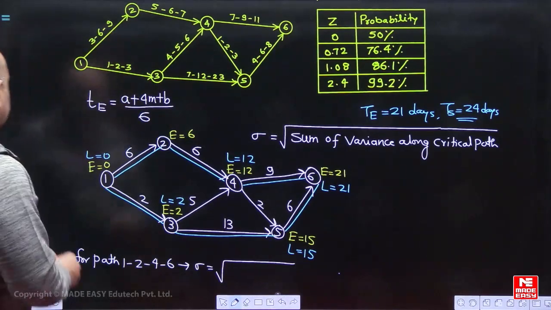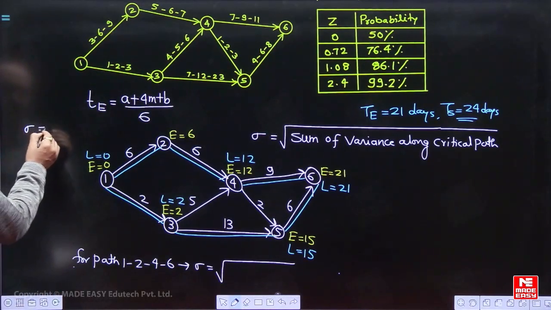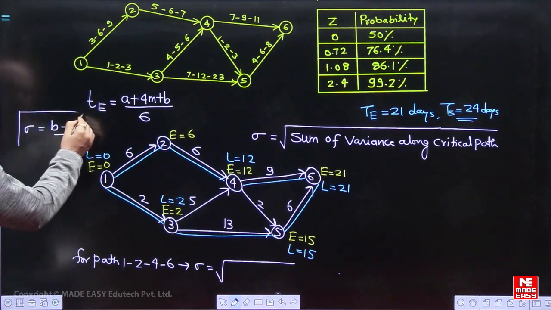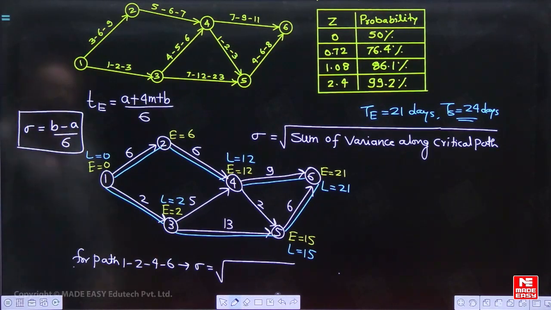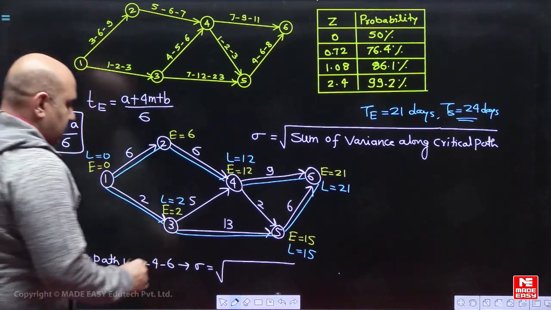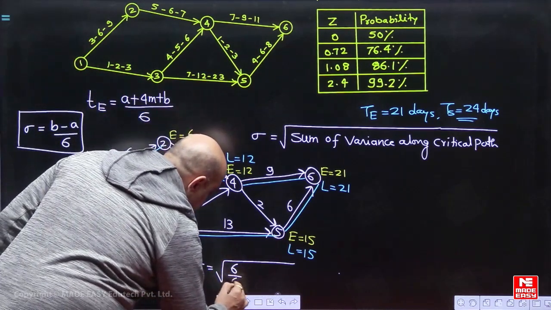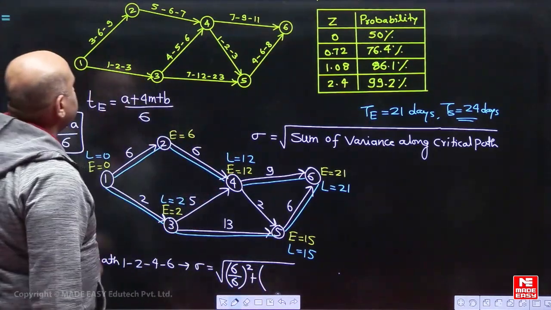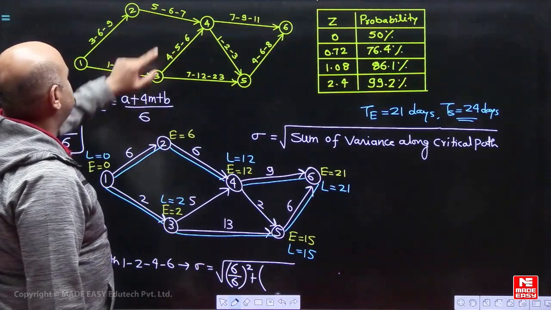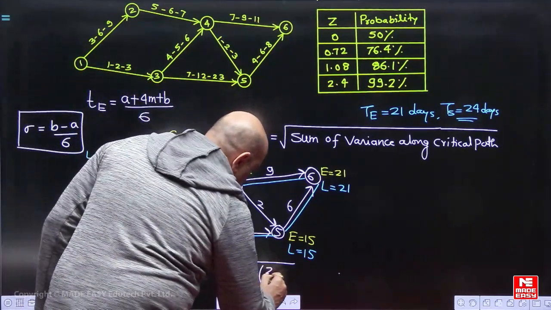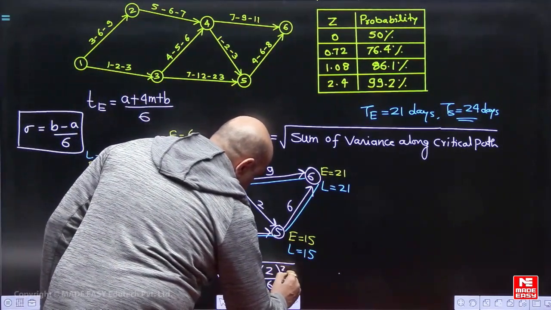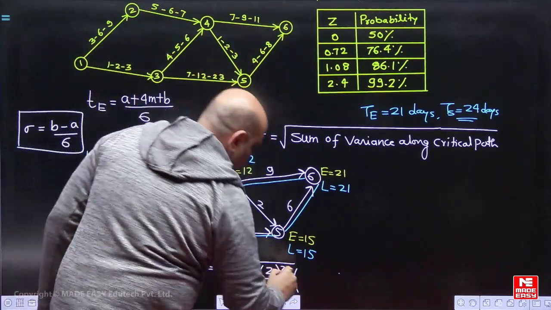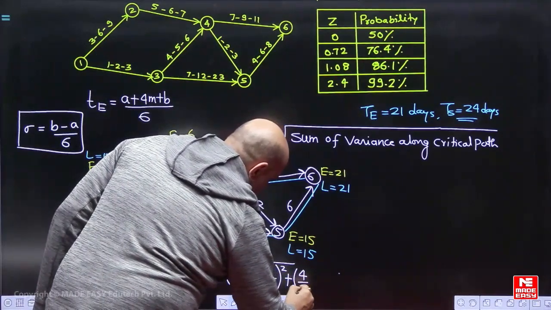Standard deviation sigma is given by b minus a upon 6. This is the formula for standard deviation sigma. So 9 minus 3 is 6, 6 by 6 squared. Then 7 minus 5 is 2, 2 by 6 squared. And 11 minus 7 is 4, 4 by 6 squared.